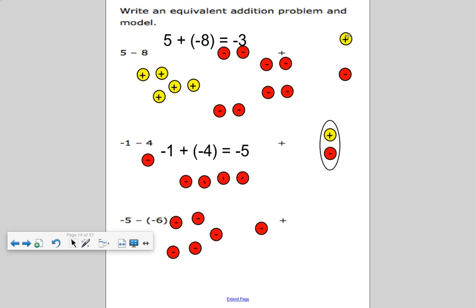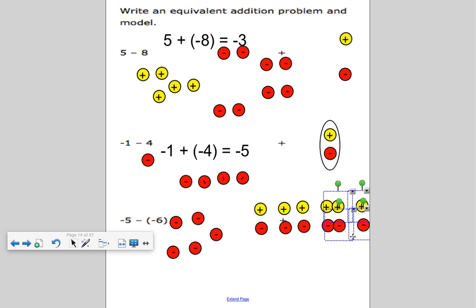I need to add 6 0 pairs to this. Now can I take away 6 negatives from this? Yes, I can. Delete. So it seemed like I added 6 positives.